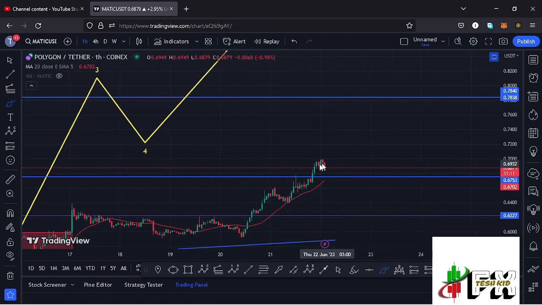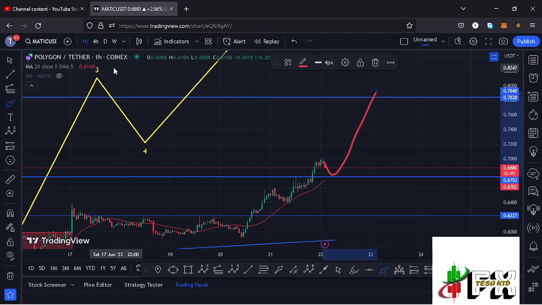You can see that here on the 1 hour chart, we seem to be seeing such a move. There are chances that we can get back to our next key area of support at around the $0.67 mark, find support, then bounce back to the upside, continue the pump, and break through other key areas of resistance until we can fully maximize our target area in the formation of that wave 3.